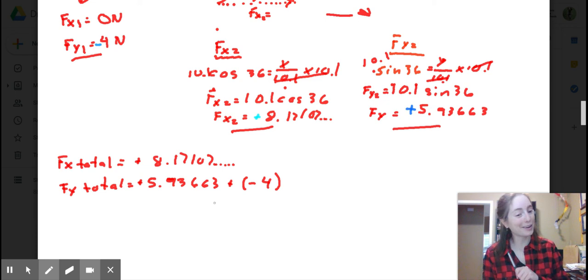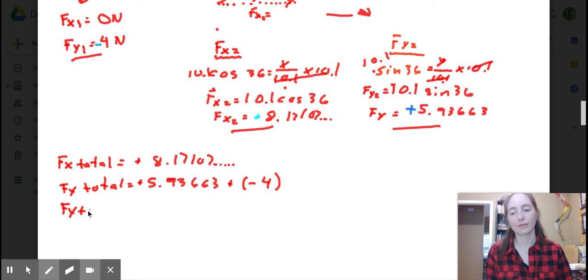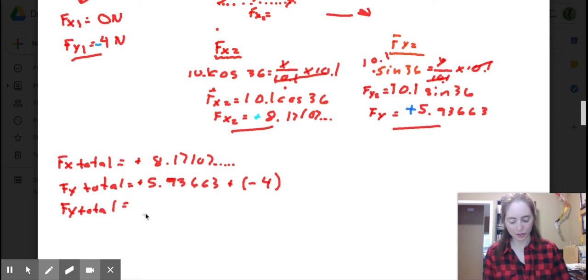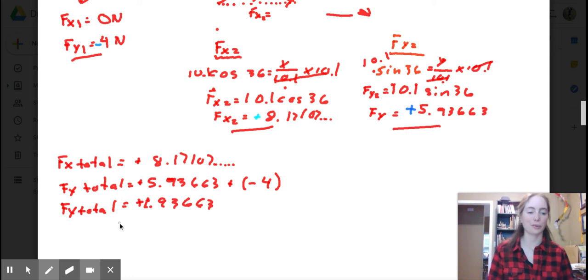You drop that negative, we wind up with about 9.9 newtons instead of our 1.9 newtons. So watch out for that. Okay, so as I'd mentioned, we have 1.93663 newtons, and it is going to be a positive number, so that means it's going to be going north.